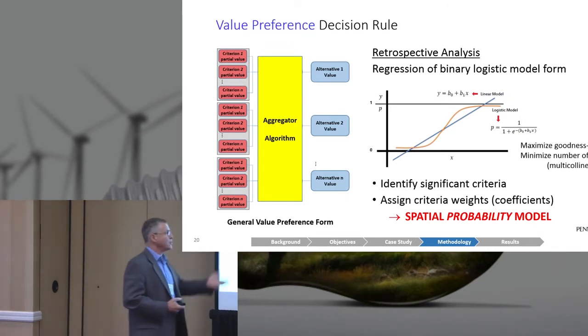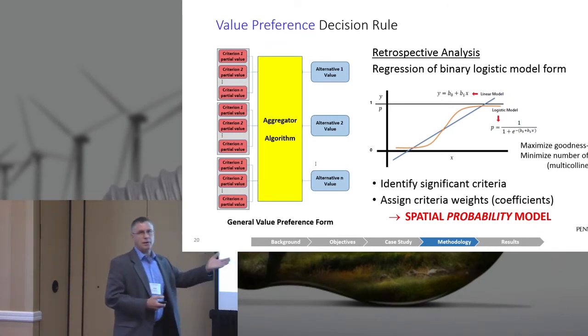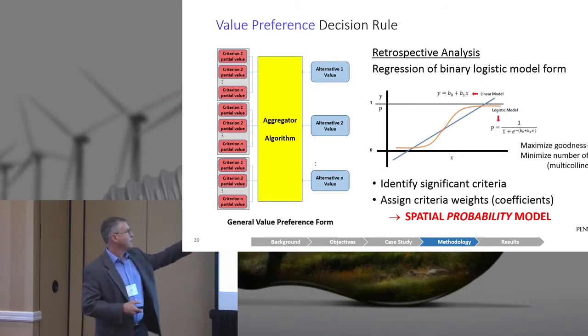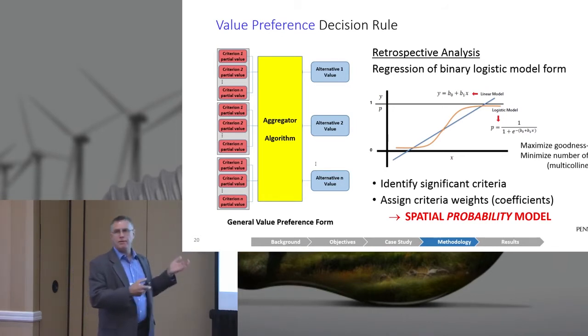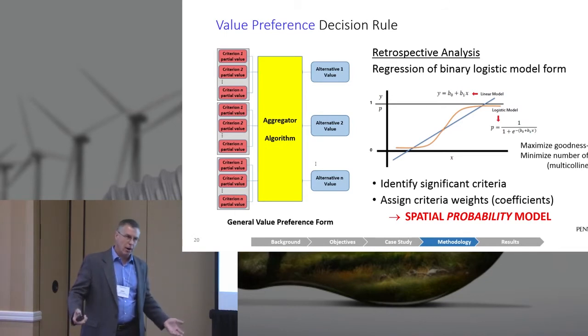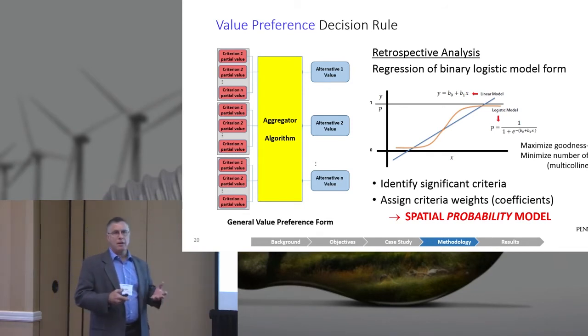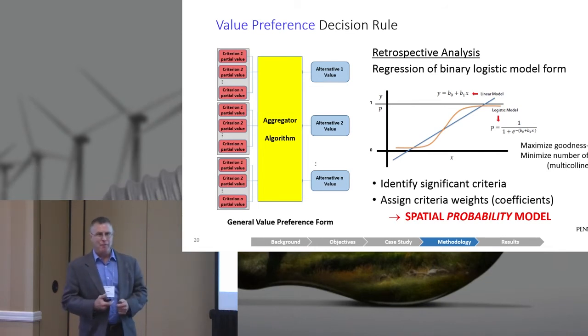So we fit it to a logistic model form. That's just a convenient way of taking a linear model and converting it into a function where at its limits it goes to 1 or 0, corresponding to the presence or absence of a waste transfer station, maximizing goodness of fit and minimizing the number of criteria that don't add to the value of the model.